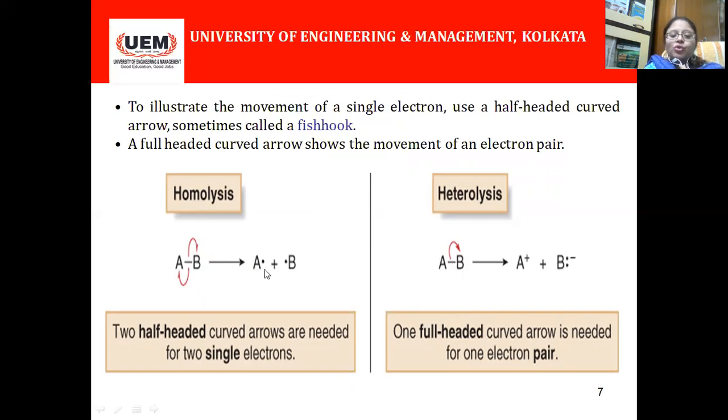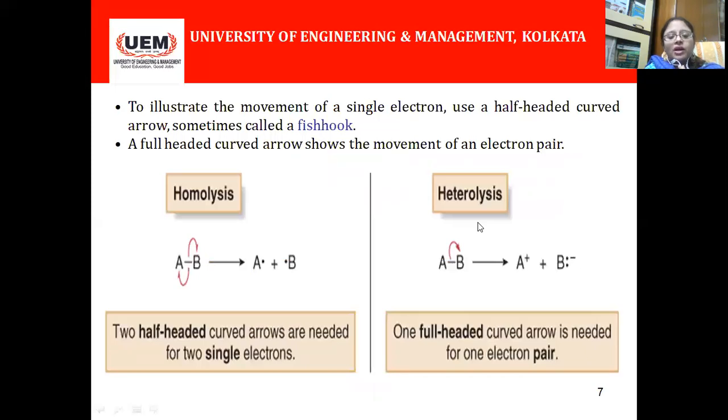So after homolysis you get A dot, B dot. What is it called? It is called a radical. In the next slide, we will discuss it elaborately. So to represent homolysis, you must use a fish hook arrow or half-headed arrow.